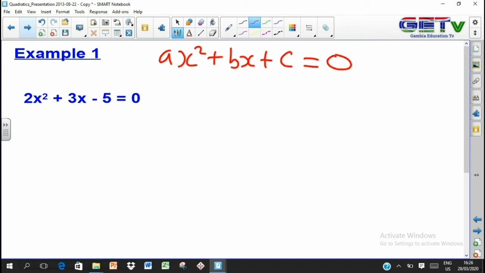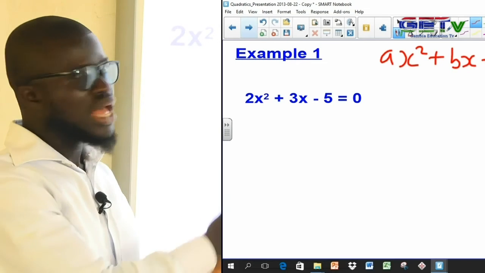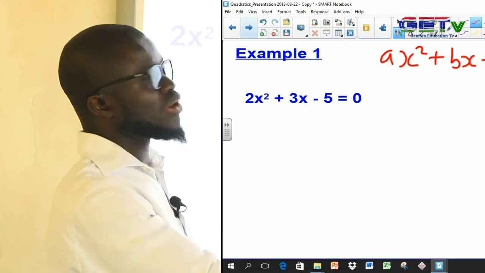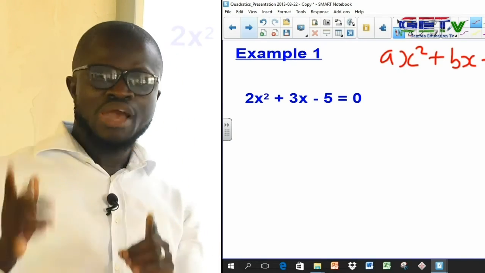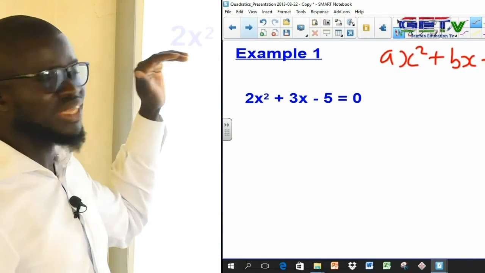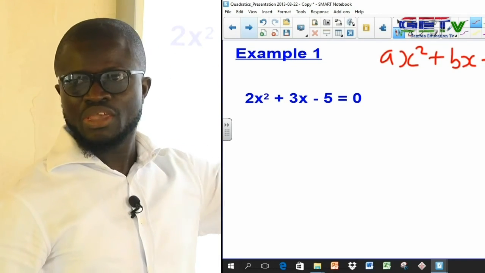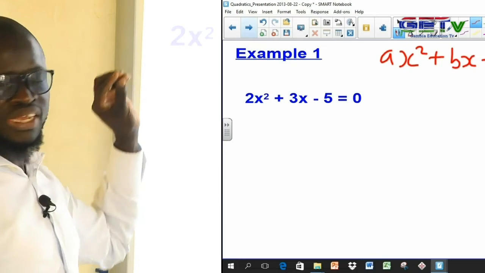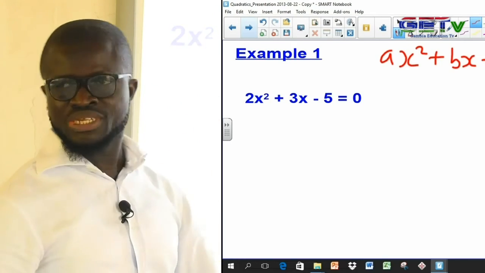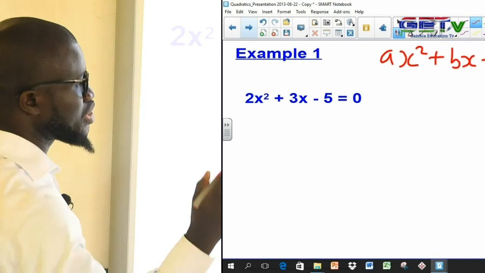Now here, we are going to make sure that we look at the equation given properly and then identify where a should be located and what the value of a is. How can we locate b? How can we locate c? Care must be taken when dealing with the signs. It's not always that the sign must be positive. If the sign is positive, we take it as positive. If it is negative, we consider the negative sign as well. So let's do it together.